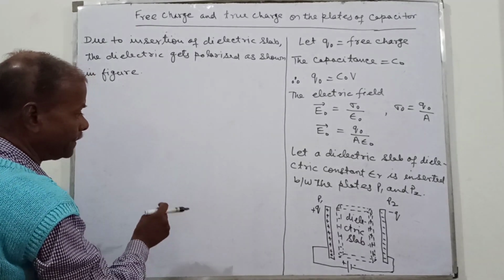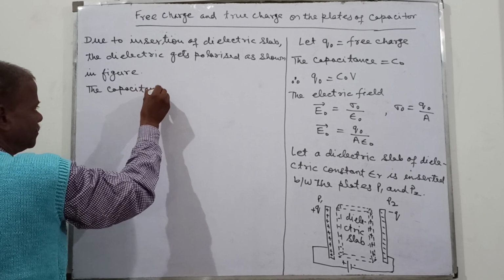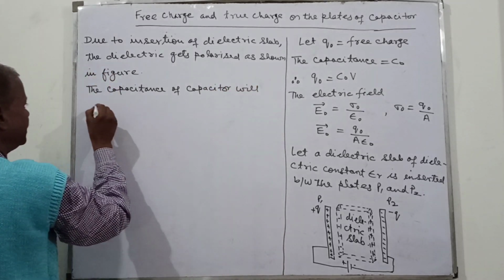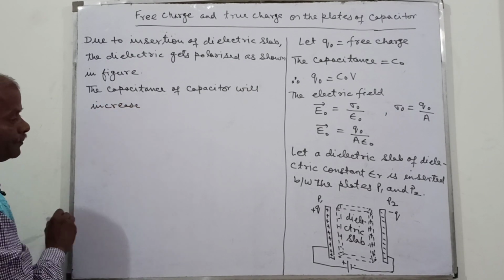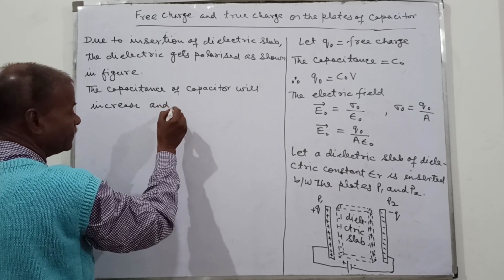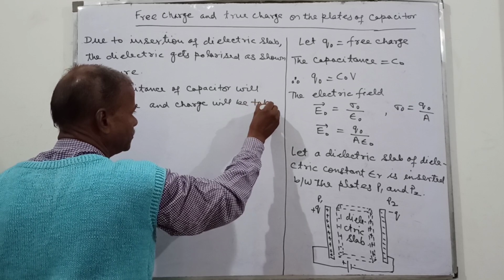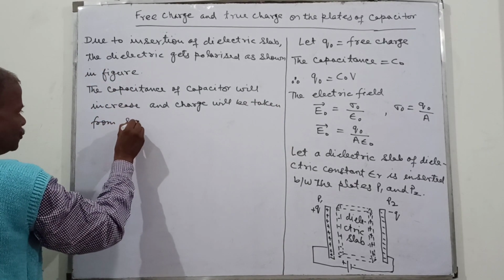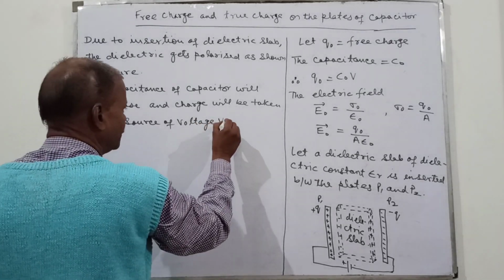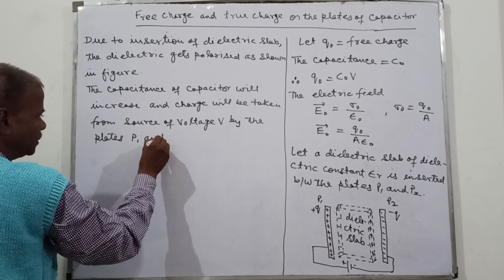So the capacitance of the capacitor will increase, and charge will be taken from the source of voltage V by the plates P1 and P2.